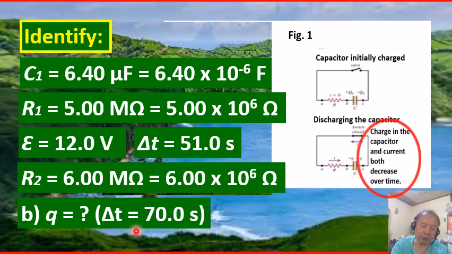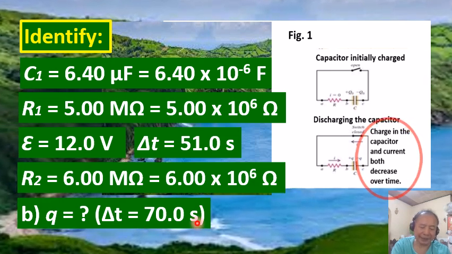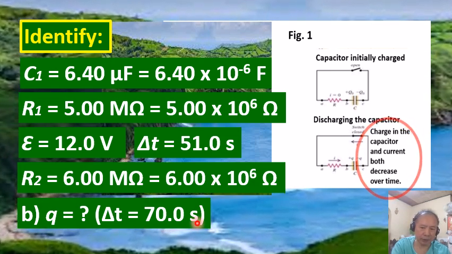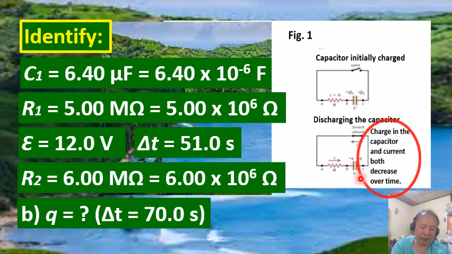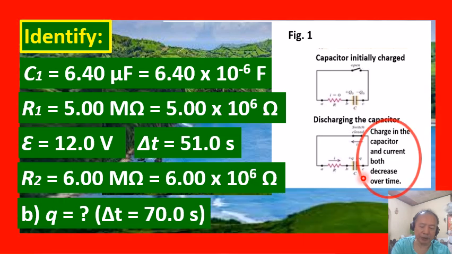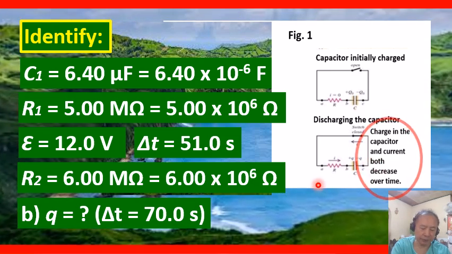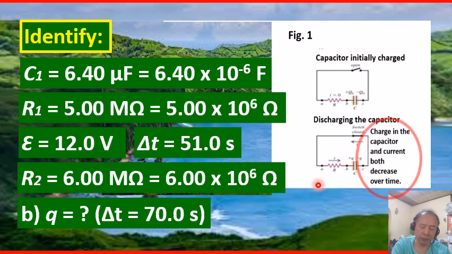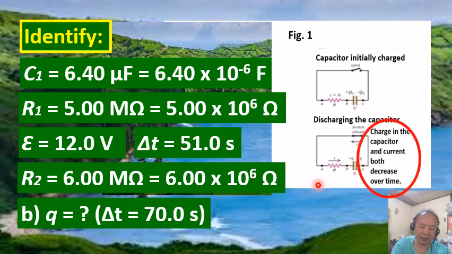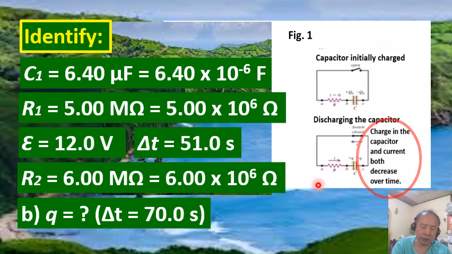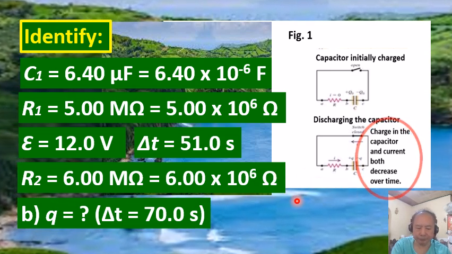This is 70.0 seconds after you close the switch in the second circuit, right? So in the second circuit, notice that when the circuit is closed, the capacitor is discharging, right? In other words, the charge in the capacitor and the current both decrease over time.